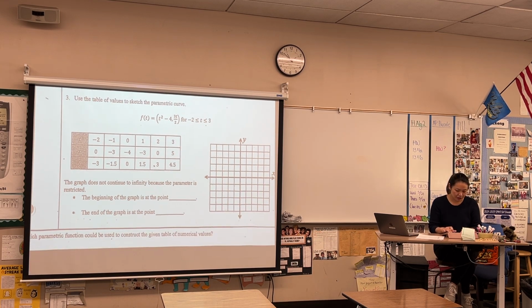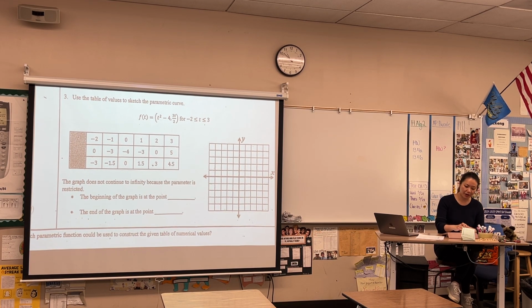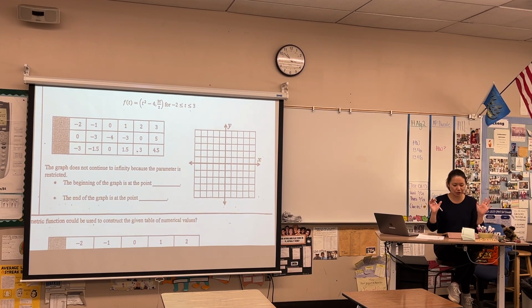Okay, so use the table of values to sketch that parametric curve. And then we want to indicate the beginning and the end of this graph. So go ahead and plot your points on the graph for this parametric.